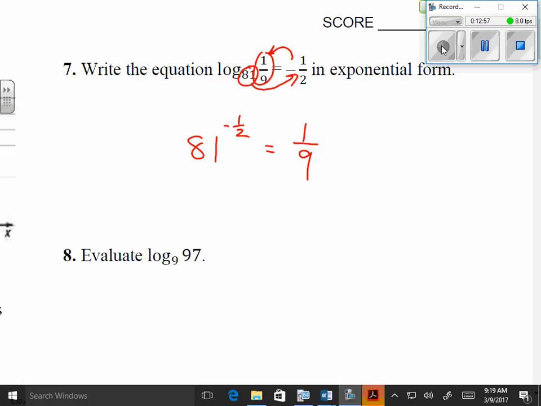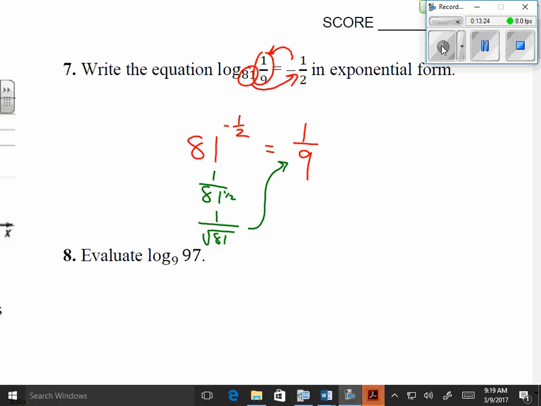Well, 81 to the -1/2 is 1 over 81 to the positive 1/2, and a half exponent means square root. The square root of 81 is 9. So it is true. Not all of them are. And sometimes you may have a true or false.